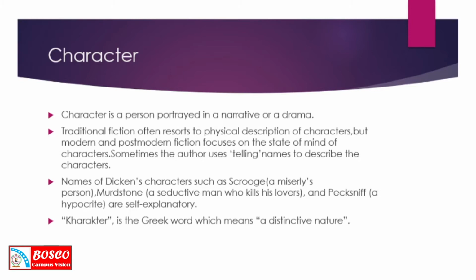And traditional fiction often resorts to physical description of characters. That means traditional writers or novelists gave much importance to the physical description of characters. But modern and postmodern fiction focuses on the state of mind of characters.